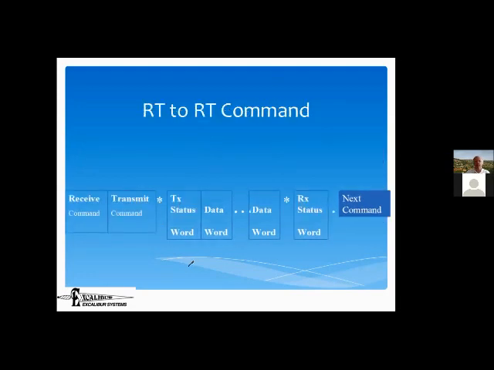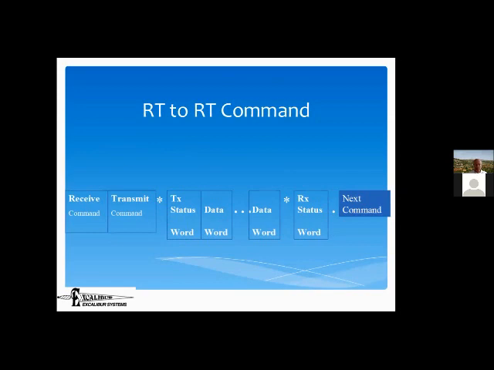Okay, so now the two that we saw before are the most common things that you're going to see on a bus: BC to RT messages and RT to BC messages. Just for the sake of being complete, I'll talk about the RT to RT message. In an RT to RT message, the bus controller sends not one command, but two commands. The first command he sends is to whichever RT is supposed to get the data.